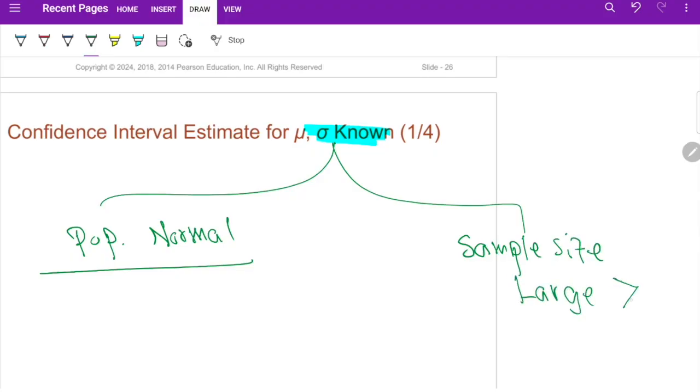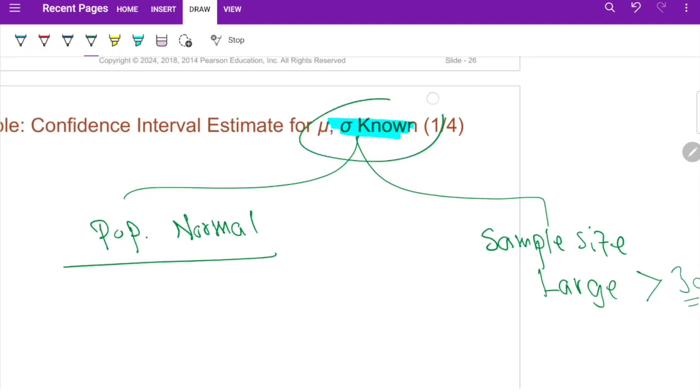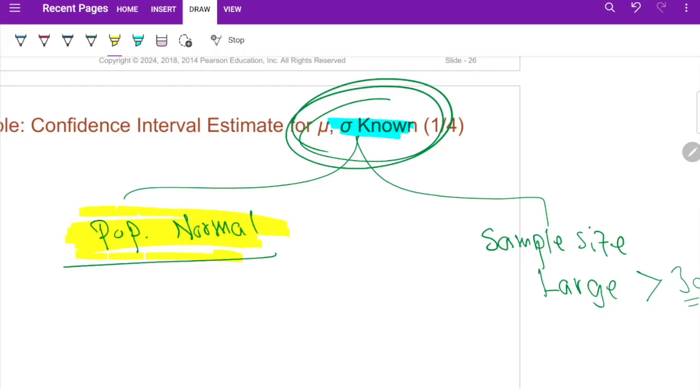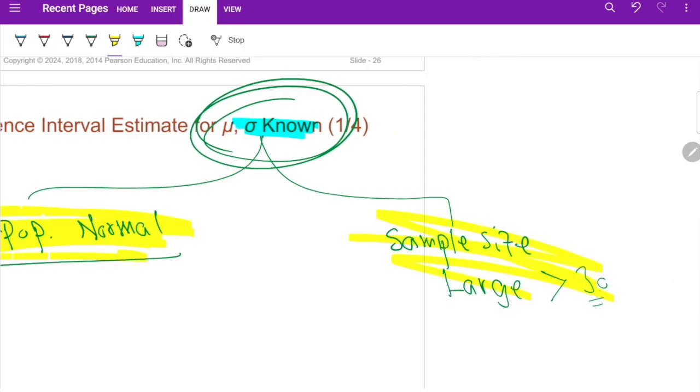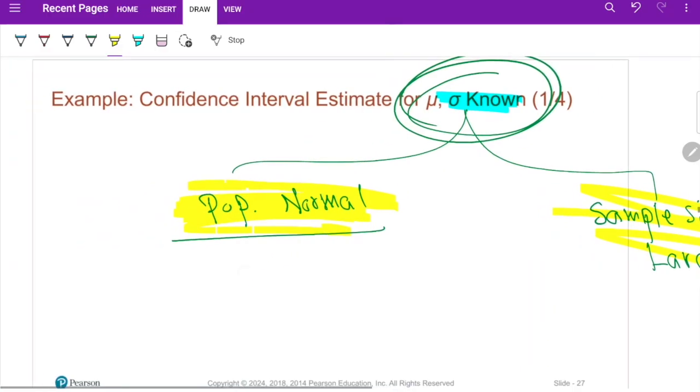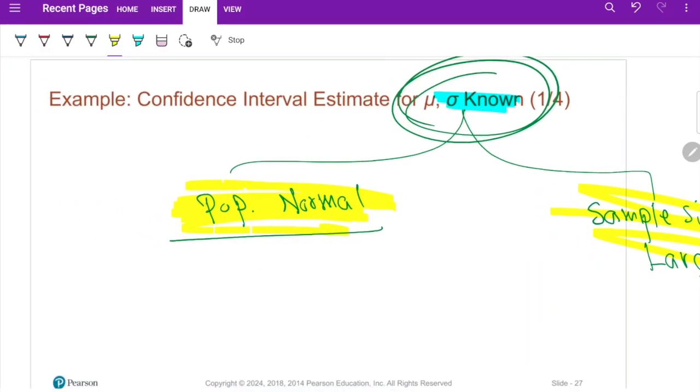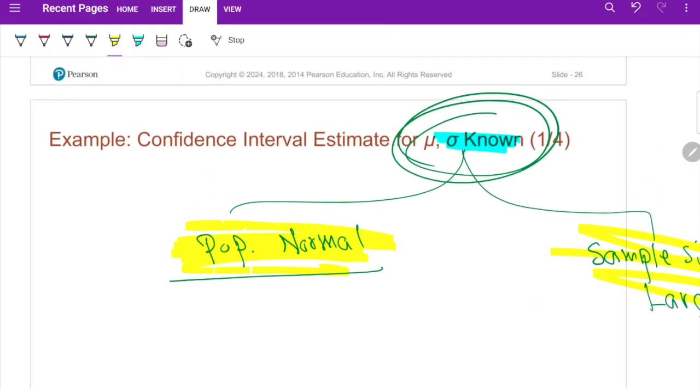What does it mean by large? Greater than 30. So in the previous example, sigma was known, and we don't have any information about whether the population is normal or not, but we have a good sample size. That's why we followed the method that we followed. So in the next video, I'm going to discuss the second scenario, when sigma is unknown.